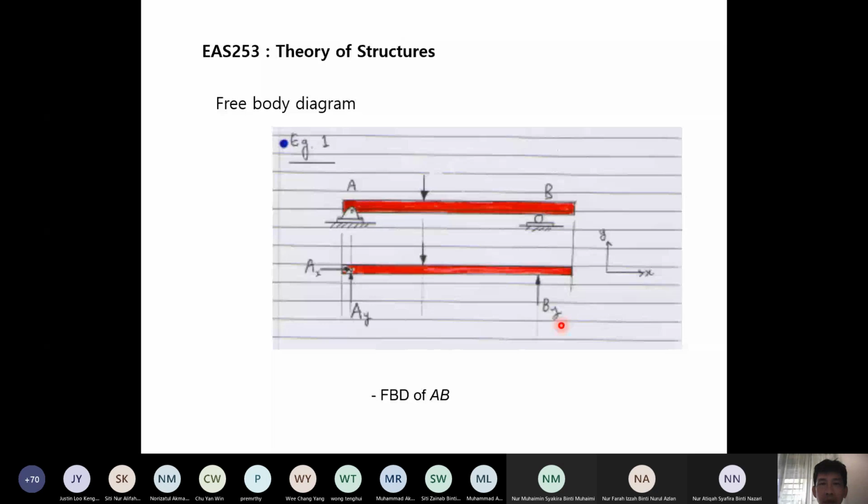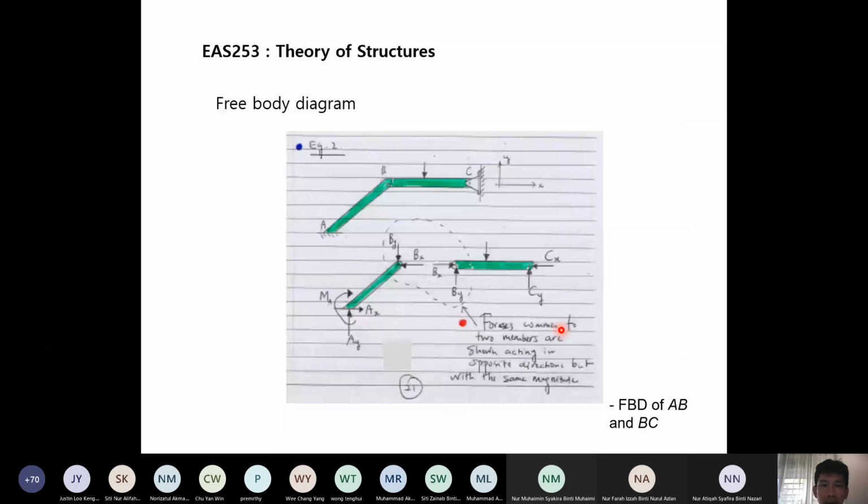The next one, if we want to draw the free body diagram separately, we separate this at the joint here. These are the free body diagram for part AB and the free body diagram for part BC. What is important here at the joint is that this and this must be in opposite directions, because this is a pin connection with only 2 internal forces here.